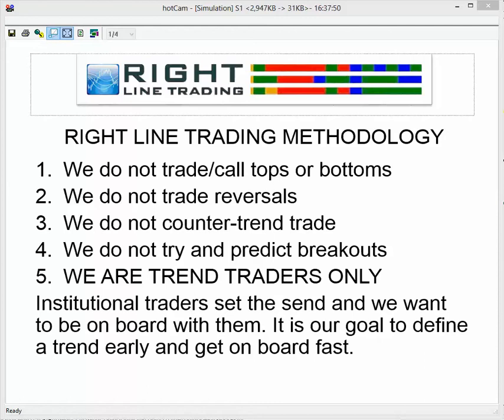We are only trend traders. In fact, we are devout trend traders. We believe that institutional traders set the trend, and we want to be on board with them. It's the goal of our software to define a trend early and get us on board, not only quickly, but at a very safe spot.